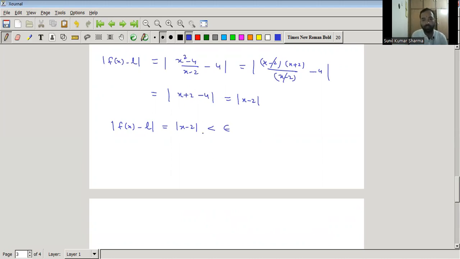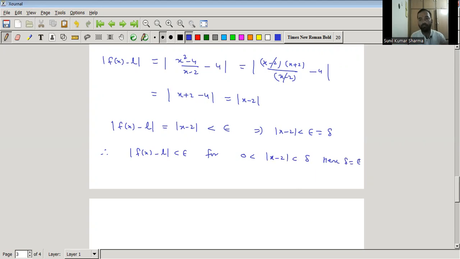So mod x minus 2 less than epsilon, it means I can choose the same epsilon to be my delta, right? So therefore mod f(x) minus L is less than epsilon for 0 less than mod x minus 2 less than delta. Here delta is equal to epsilon.